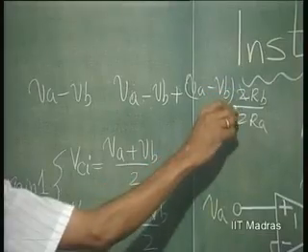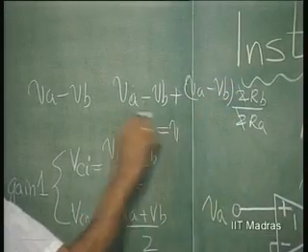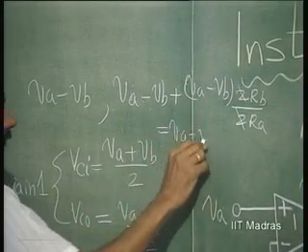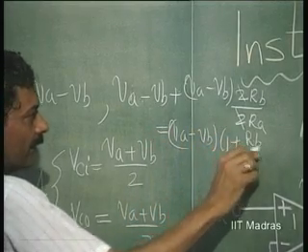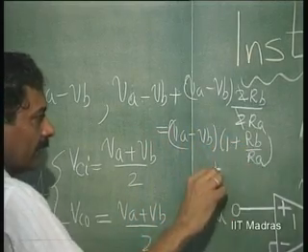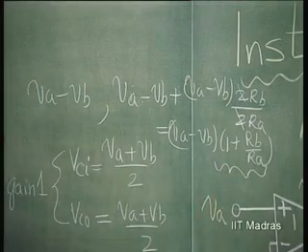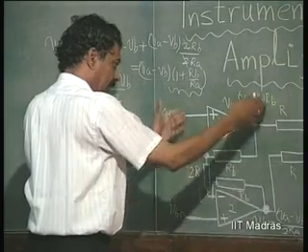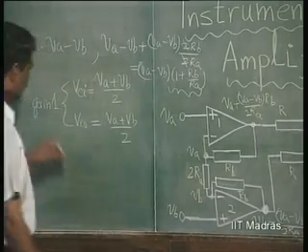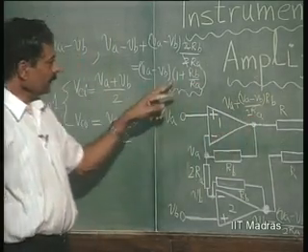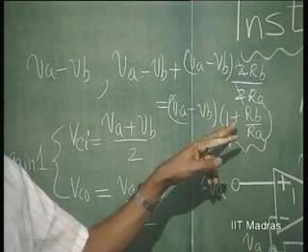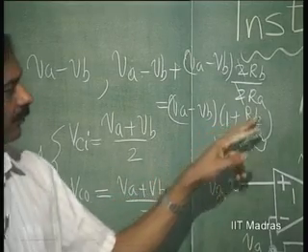So, this is equal to VA minus VB into 1 plus RB by RA. So, you can see that the introduction of this stage of 2 amplifiers has resulted in no change in common mode gain, but an increase in differential mode gain of 1 plus RB by RA.